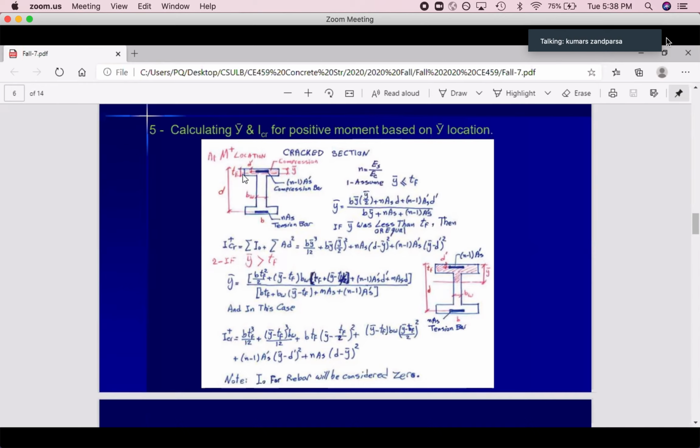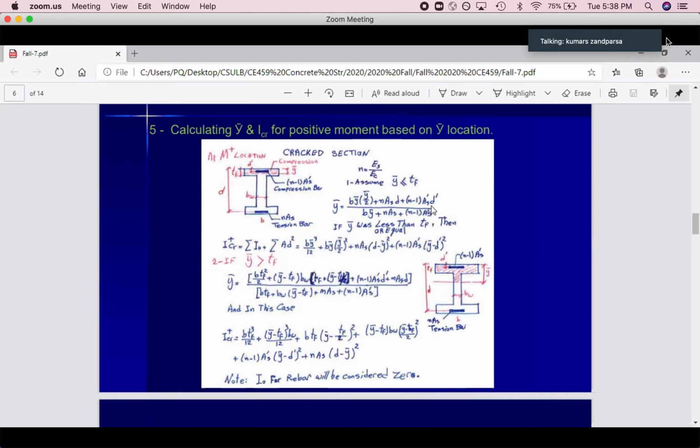Area of the first part is B times Y bar, times Y bar divided by 2, because half of this distance. Plus area of this one, n times As, times distance to that baseline, n As times d. Then area of this times distance, n minus 1 A prime S times d prime. So the same as before, same concept.